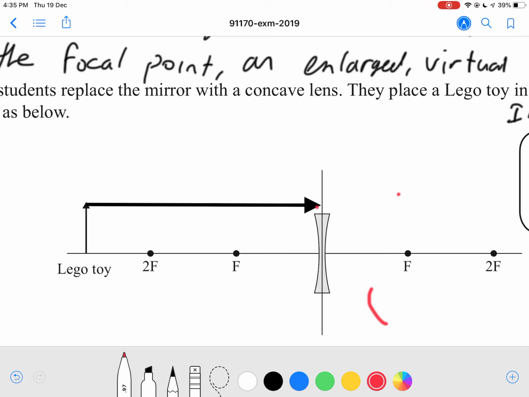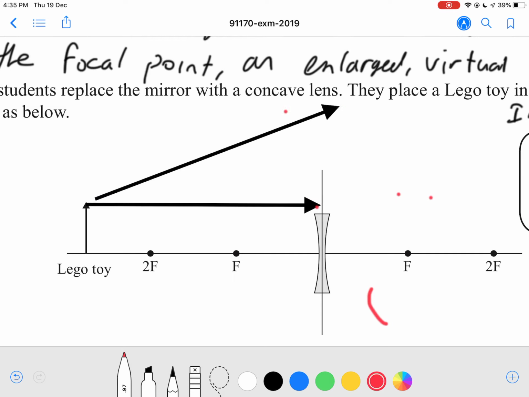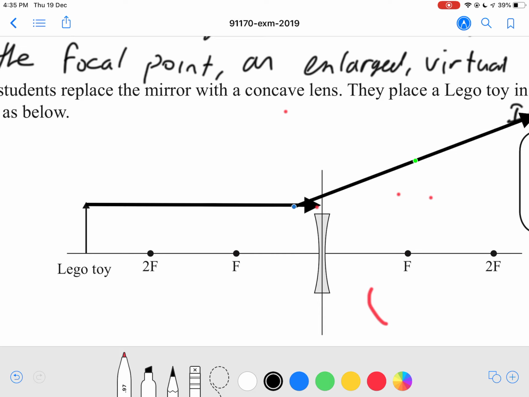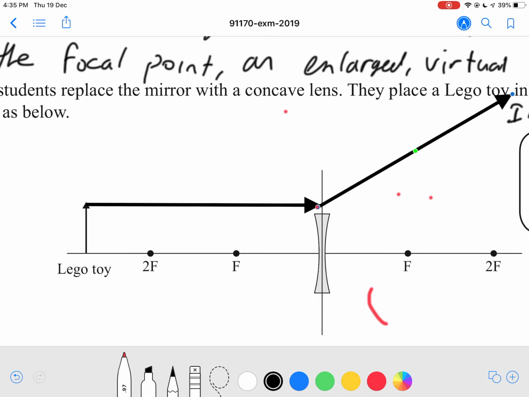It's hard to explain, so it might be a bit easier if I show you straight away. So basically, the rays are diverging. So if I extend this ray back, then it should hit the focal point. Yeah. So it should look something like this.